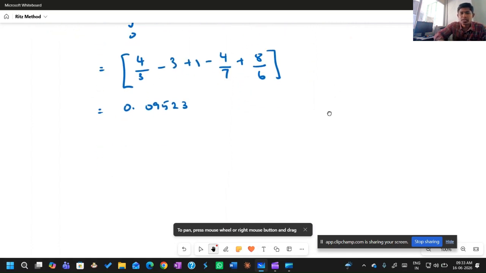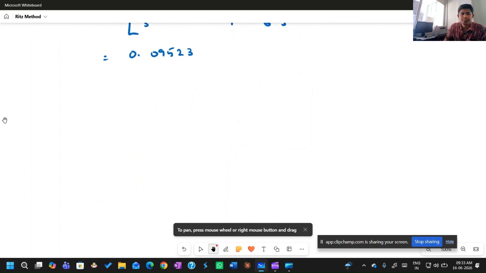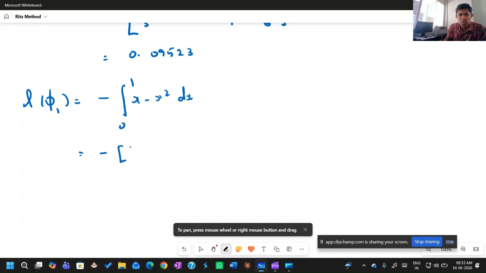Okay, now let us go for the linear function. So the linear function of pi1 is equal to minus the integral from 0 to 1 of x minus x square dx, and if I expand this, I should be getting minus 1 by 2 minus 1 by 3, that is equal to minus 0.166.